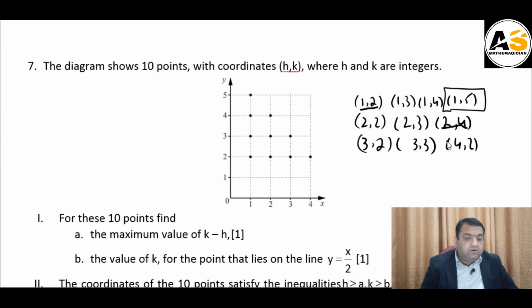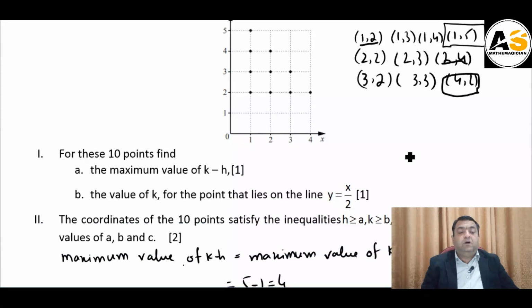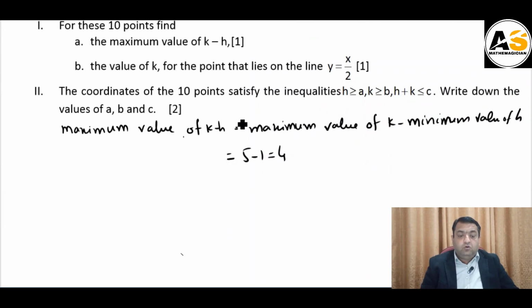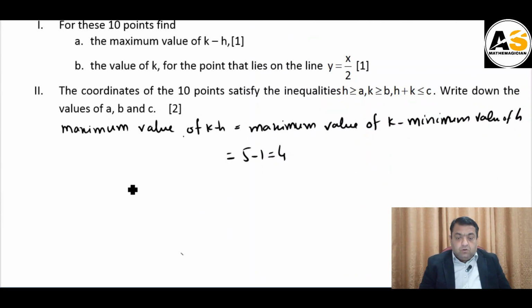Y is half. This is only over here. Y is 2, x is 4. So y is basically k. K is equal to h by 2. This is 4 by 2, 2. So the point is 4, 2.